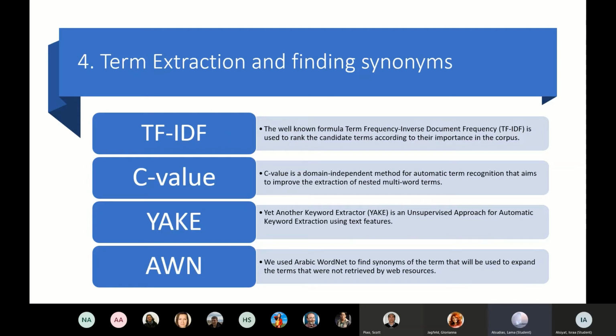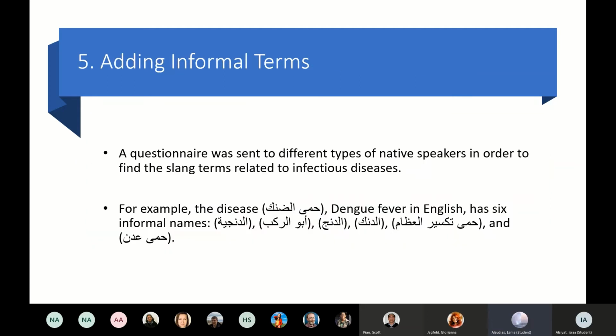Then we used AWN, which represents Arabic WordNet, to find all synonyms related to the terms in order to expand the terms.